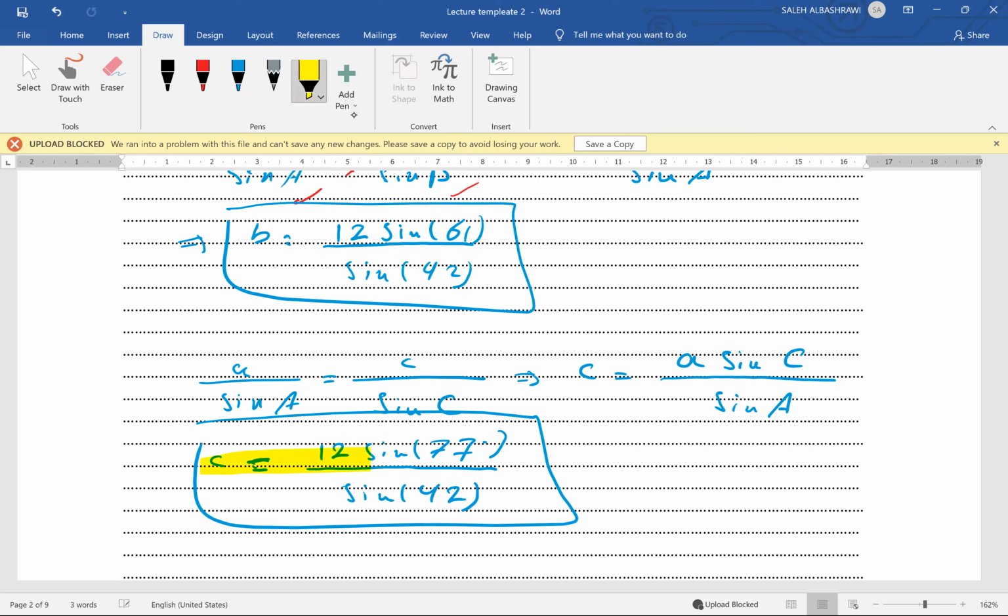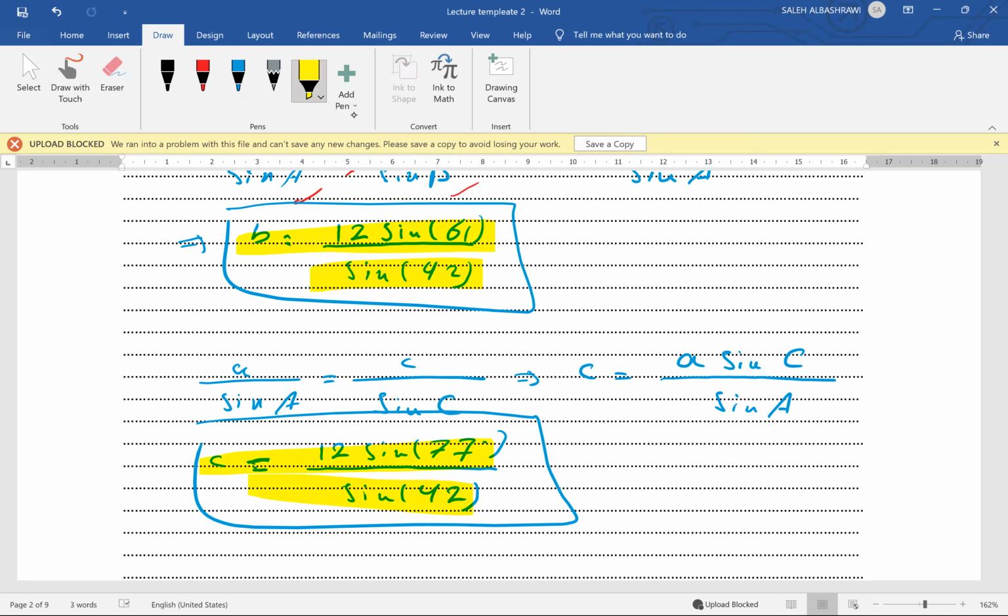This is the side c, and this is the side b, and we found the capital C to be 77. So in this case, we say that we solved the triangle, meaning we found the missing information, the other sides and the third angle.